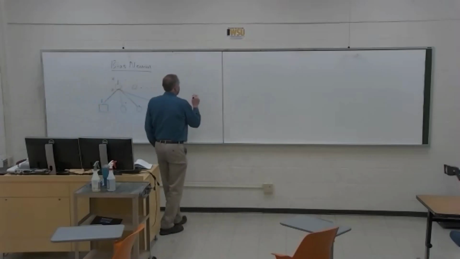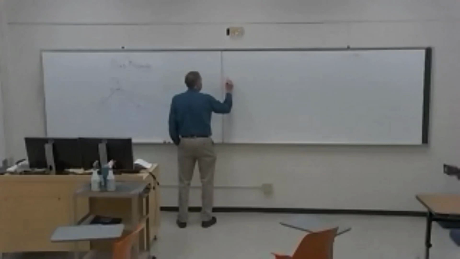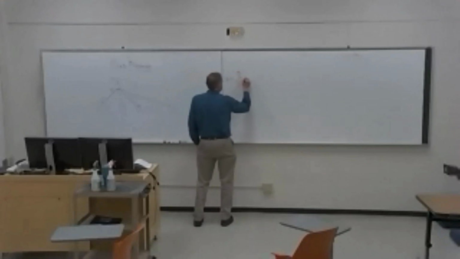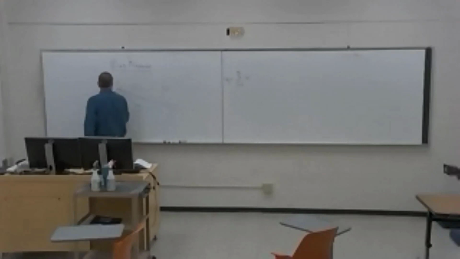So what we get for the net input is the sum. Well, let's call that neuron model, let's give it a name.